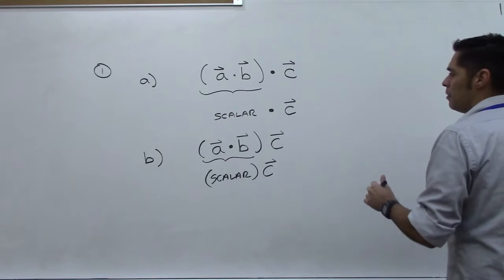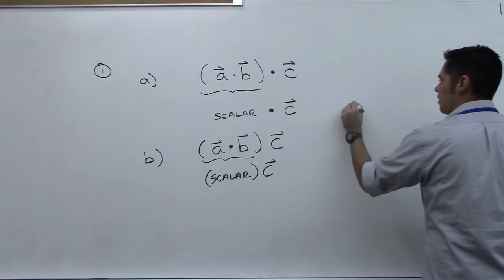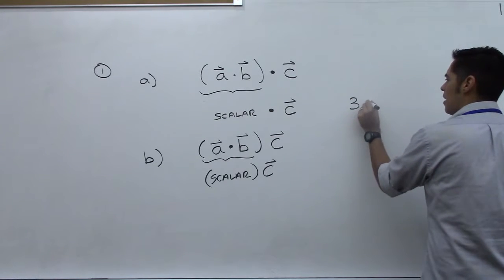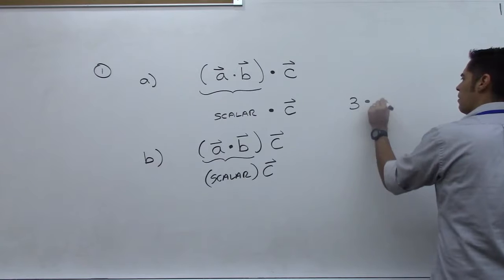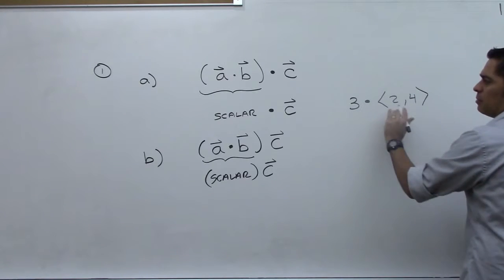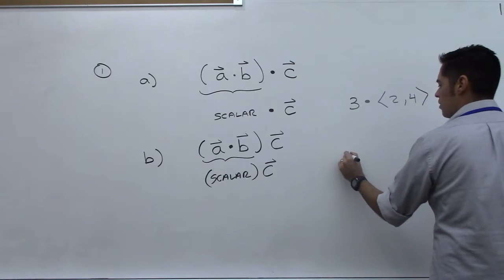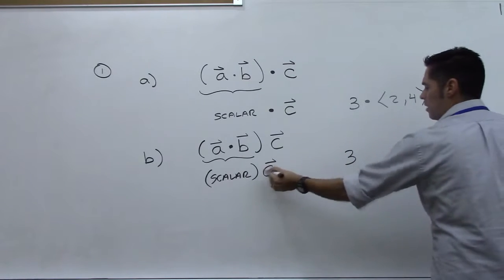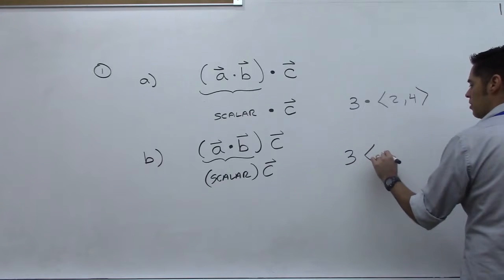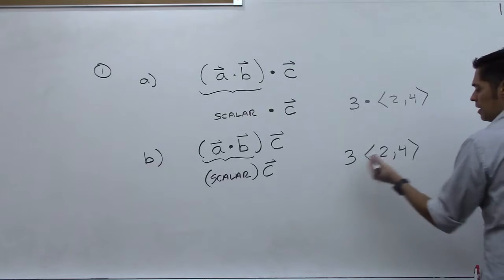Let me give you an example next to this. Scalar, let's say you dot 2 vectors together, you get, let's say, the number 3. And then I say dot 3 with the vector 2, 4. This is not possible. Okay, so that's what this is saying. Here, let's say we dot 2 vectors together and we get 3. And then we scalar multiply 3 times this vector.